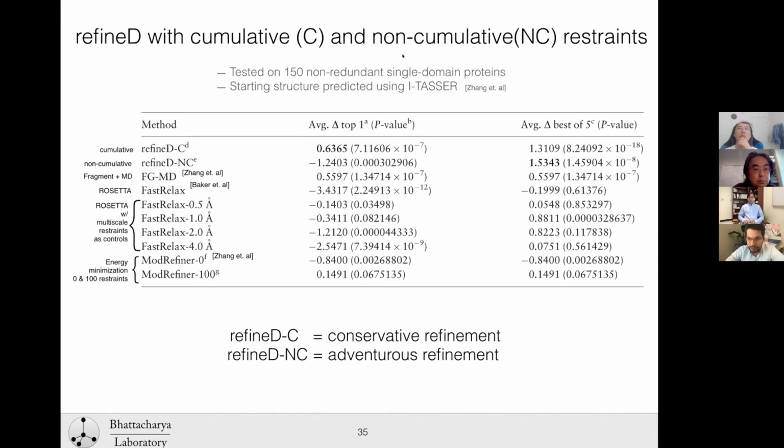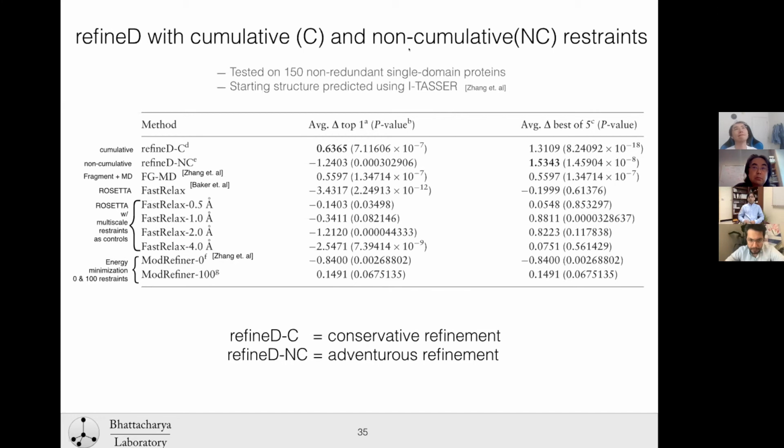In the other version, which we call the non-cumulative version, we applied each of these restraints one by one, generated a pool of models, and scored this pool using the scoring function I just described. So this resulted in 2 flavors of refined: refined cumulative and refined non-cumulative.